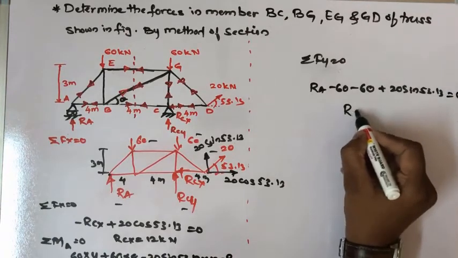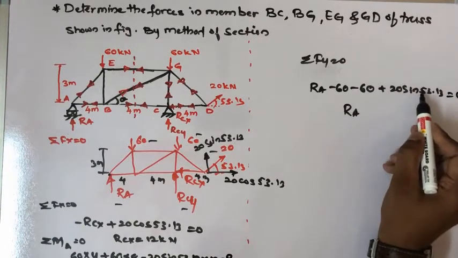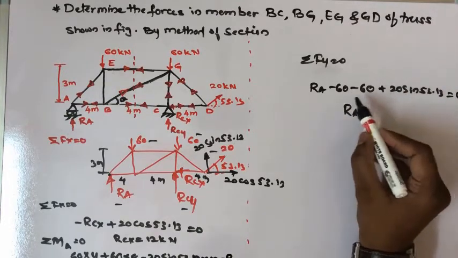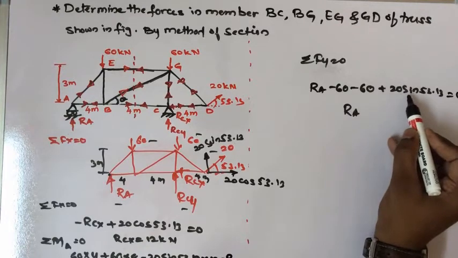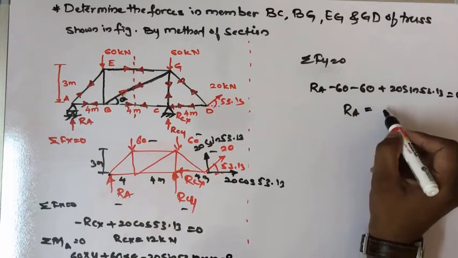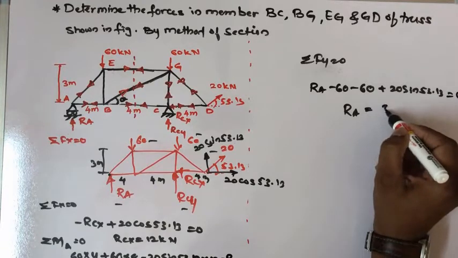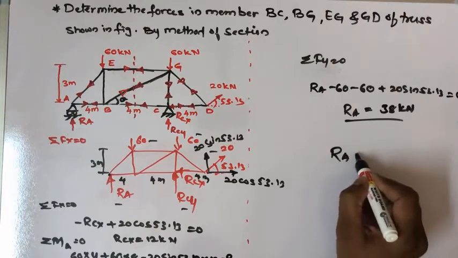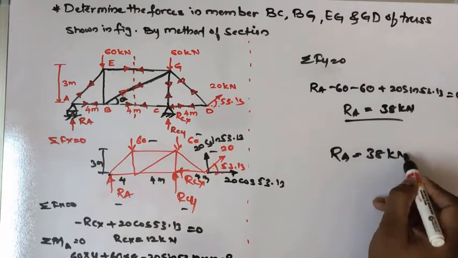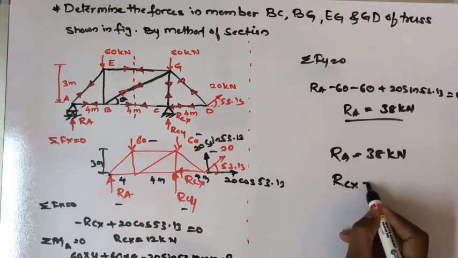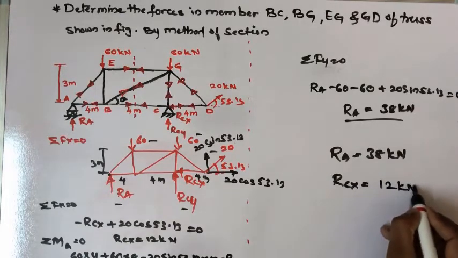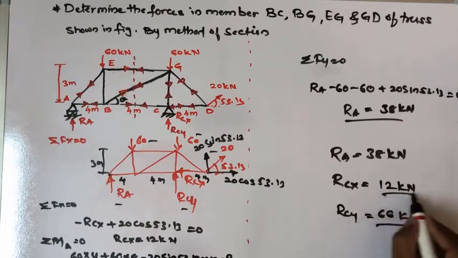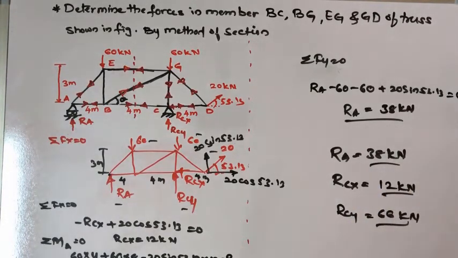So RA will be, if I take 20 sine 53.13 and the minus 60s to the other side, 60 plus 60 minus 20 sine 53.13, so that will be equal to 108 minus... that is 38 kilonewton. So these are the reactions we get: RA as 38 kilonewton, RCX as 12 kilonewton, RCY as 66 kilonewton.